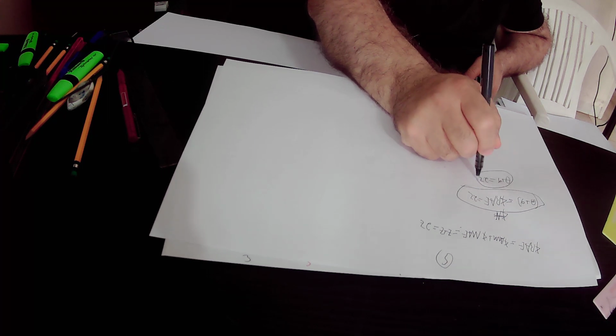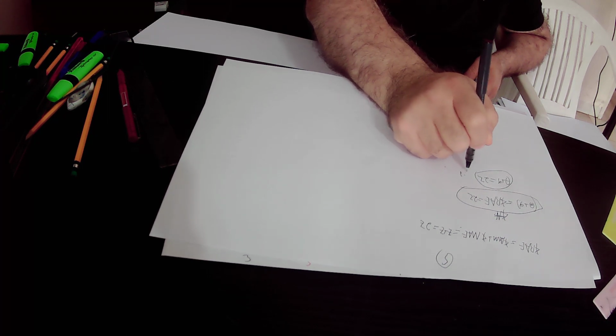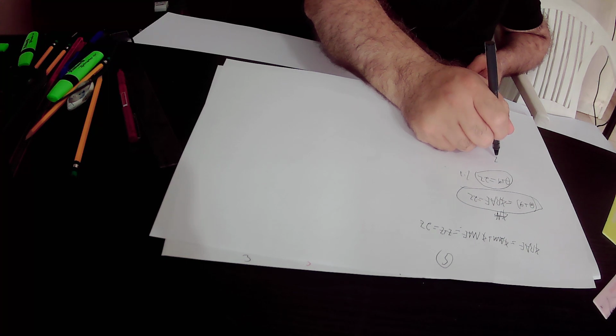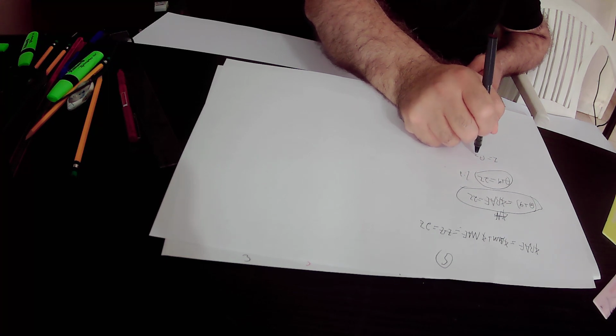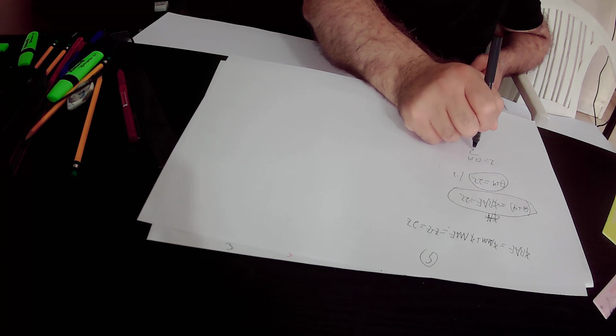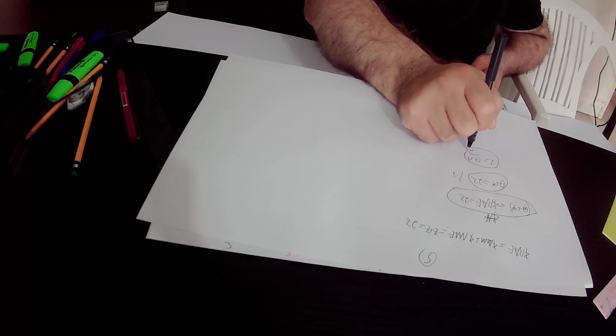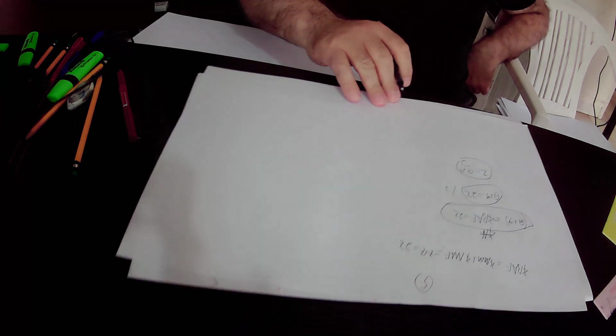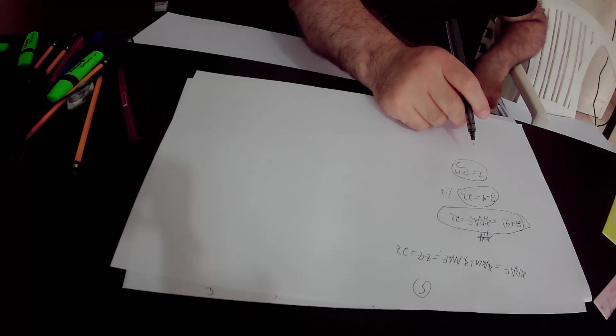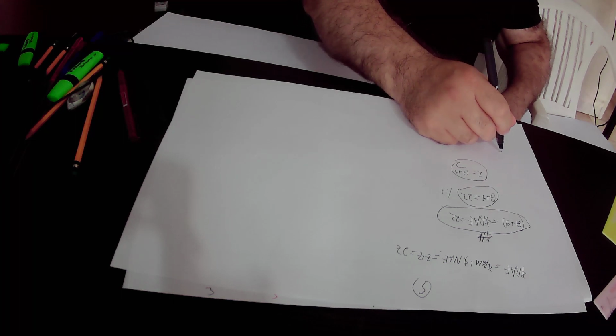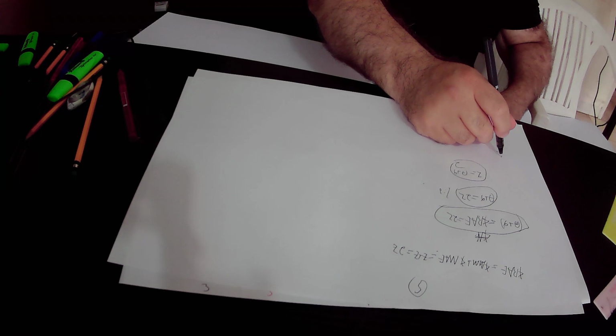We will divide this equation by 2, and we will get that angle Z equals theta plus alpha over 2. So actually angle BAM, which equals Z, will be equal to theta plus alpha over 2.